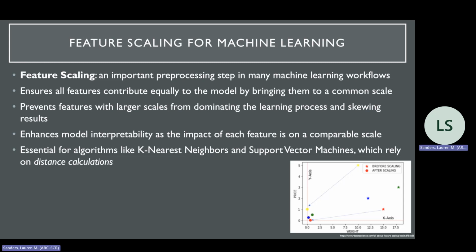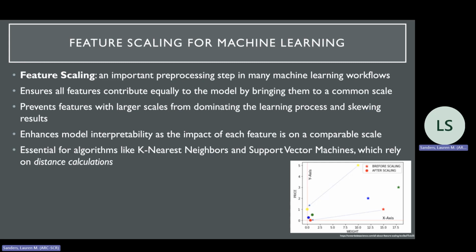So I've put an example on the slide here of a data set where the stars show the different values before scaling. So you can see that all of these values are on very different scales. Some of them are very large, all the way up to 17 on the x-axis, 5 on the y-axis. But the y-axis and the x-axis are on very different scales.